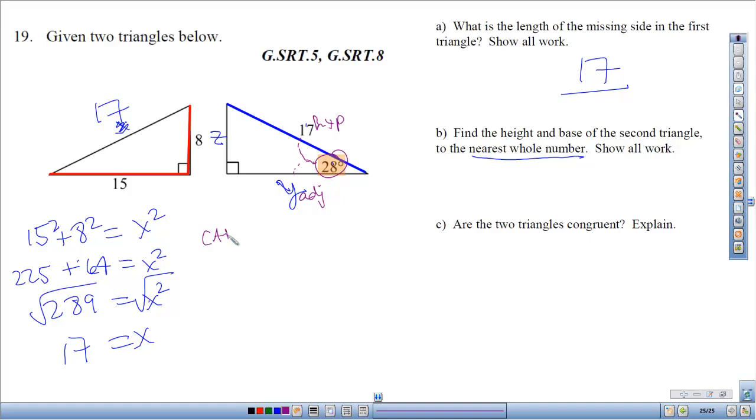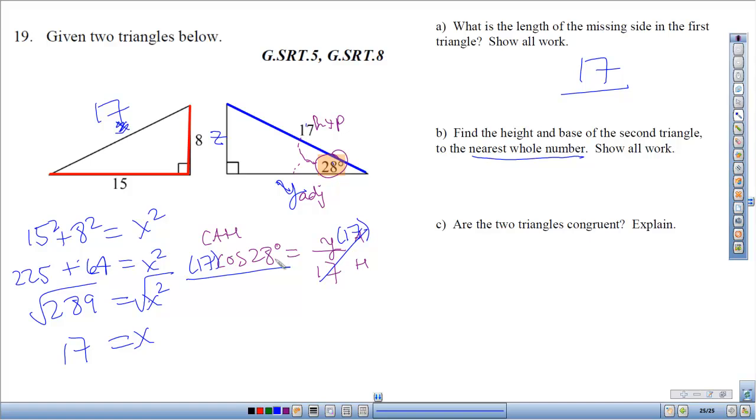Ka. So the cosine of a 28-degree angle is equal to adjacent over hypotenuse. So that's going to be y over 17. And to get the y by itself, I would multiply both sides by 17. Those will cancel, and that's what y equals right there.